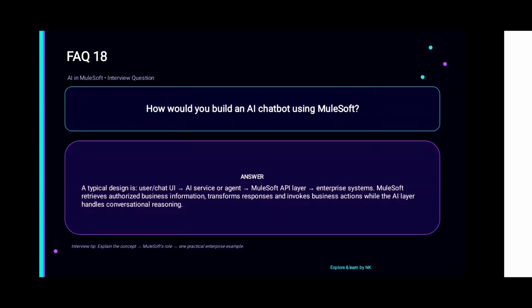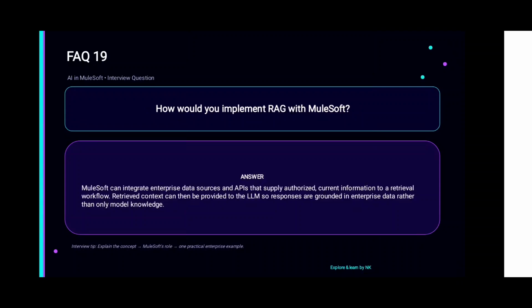So how would you build an AI chatbot using MuleSoft? Its typical design is user chat UI, then AI service or agent, then MuleSoft API layer and enterprise system. So MuleSoft retrieves authorized business information, transforms responses, and invokes business actions, while the AI layer handles conversational reasoning, right?